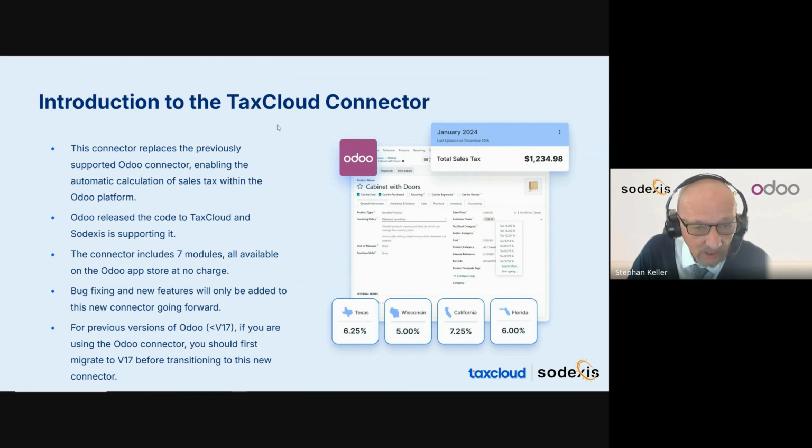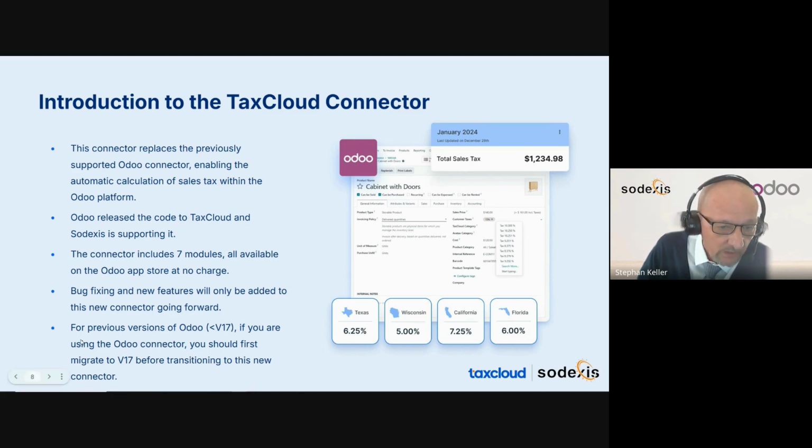So the connector includes 7 modules that are all available on the Odoo app stores at no charge. You can just go to the app stores and search for TaxCloud and you'll find them. Note that bug fixing and new features will only be added to the new connector going forward. Odoo has no intention of continuing to support their own connector.